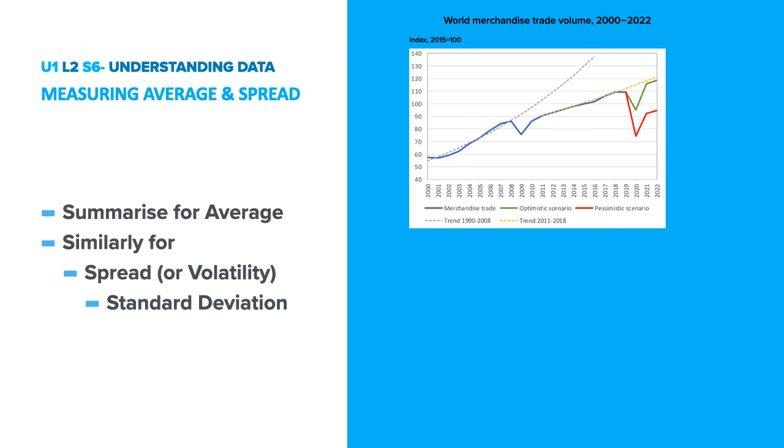If you take this dotted gray line, that is a trend of 1990 to 2008. If you follow this gray dotted line, you will see in 2008 there was a big recession. So if we just follow the trend based on the historical pattern from 1990 to 2008, this gray dotted line would have gone.